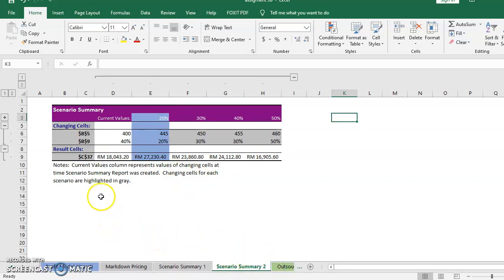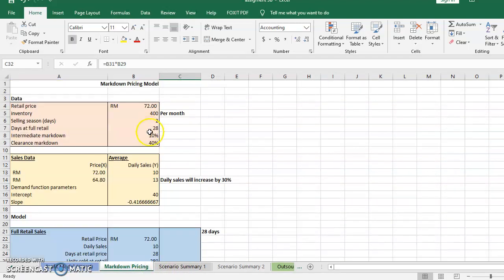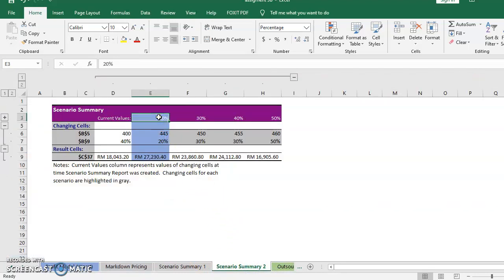I still use the clearance markdown, but I have to decrease my discount rate from 40% to 20%, and increase inventory up to 445 units.